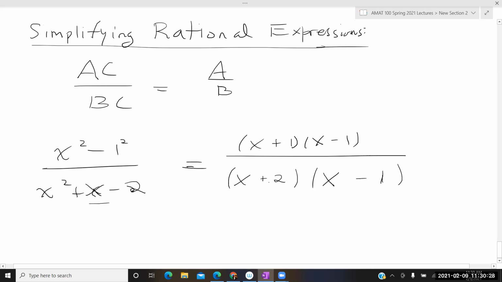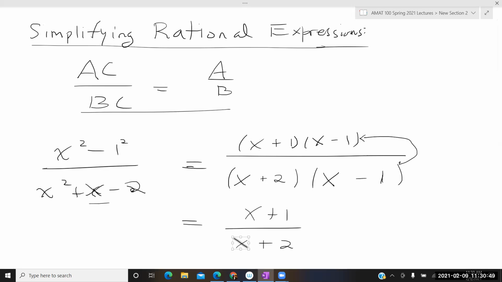And the last terms, 2 times -1, give you the -1. But we see that we can apply this equation right here, because we have these common factors in the numerator and the denominator. So we cancel those out to get this. That's an example of simplifying rational expressions.